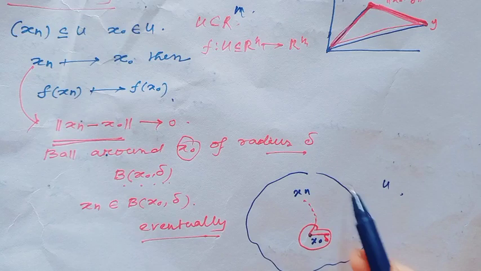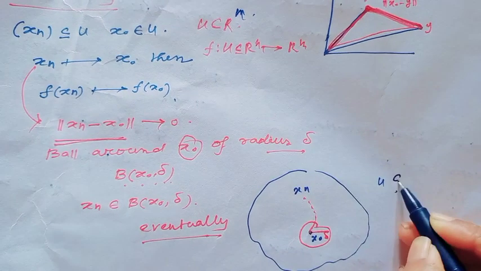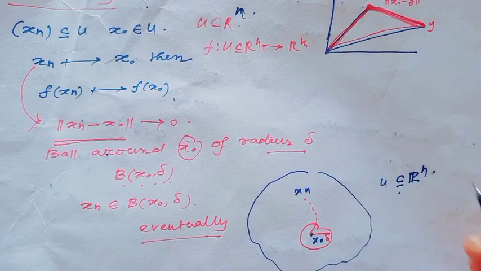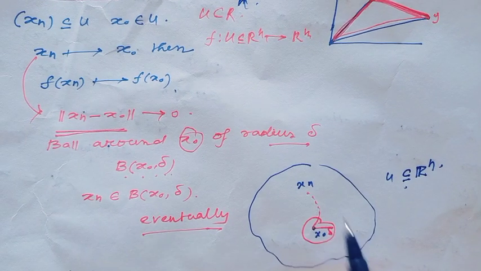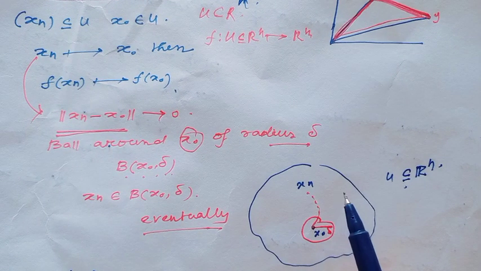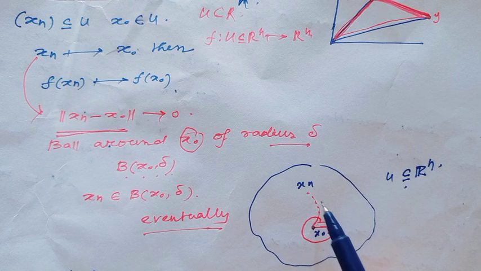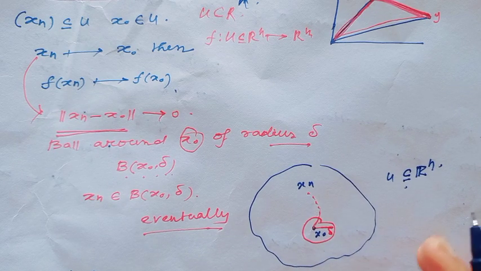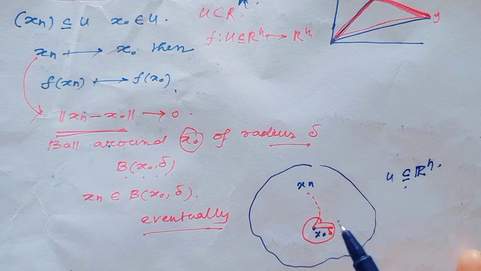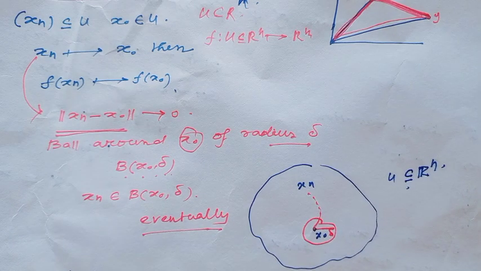consider this U, which is an open subset of Rn. Xn tends to x naught means the sequence xn at some point tends to x naught. In real variable, for n greater than or equal to capital N, the terms of the sequence lie in the interval (x naught minus delta, x naught plus delta).